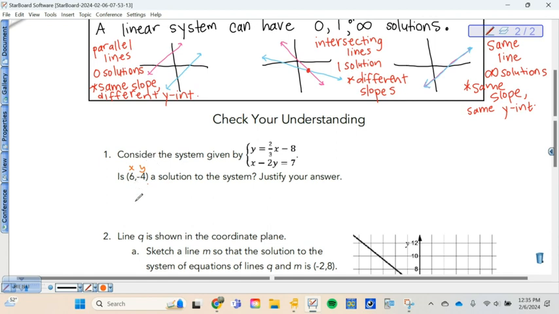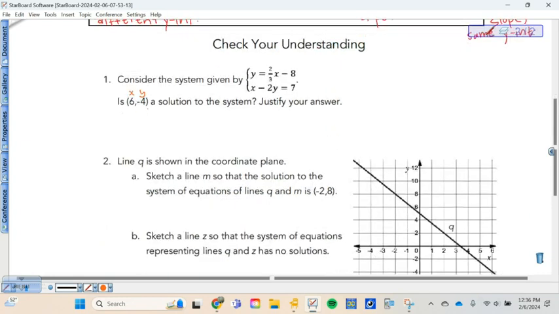If it is a solution, it's going to work in both equations. If it's not a solution, it's going to not work in at least one of the equations. So test the point in both equations, and then tell me yes or no, is it a solution or not?